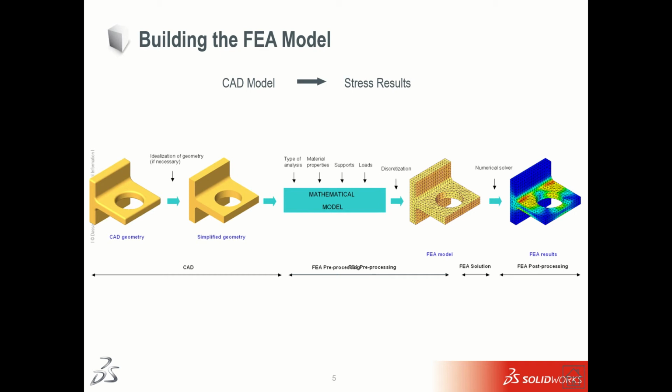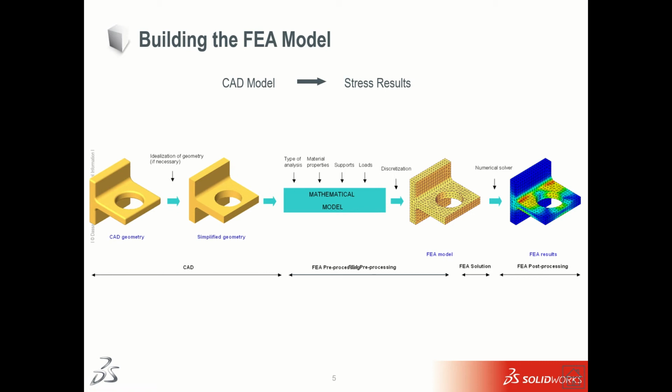So your CAD geometry is converted into simplified geometry, and this process is called idealization of geometry. It's not compulsory, but as per your problem statement, you may need to simplify that geometry. After the simplified geometry, you need to convert that model into a mathematical model.